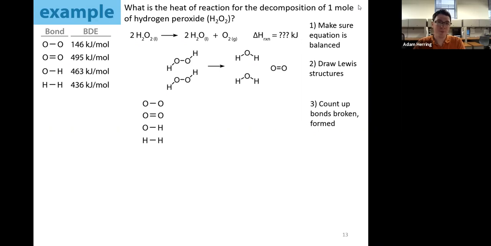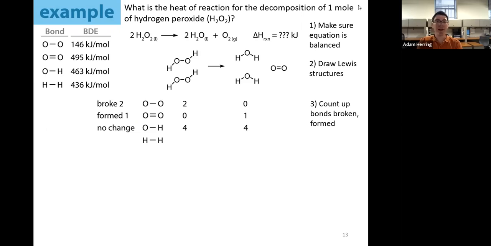Probably the simplest way to do this is to count up for each possible bond type. So we have 2 oxygen-oxygen single bonds that are broken and none that are formed. So the net is that we broke 2 oxygen-oxygen single bonds. For oxygen-oxygen double bonds, we don't break any, but we do form 1. And so the net there is that we formed 1 oxygen-oxygen double bond. For the oxygen-hydrogen single bond, we break 4 of those, but we form 4 of them.